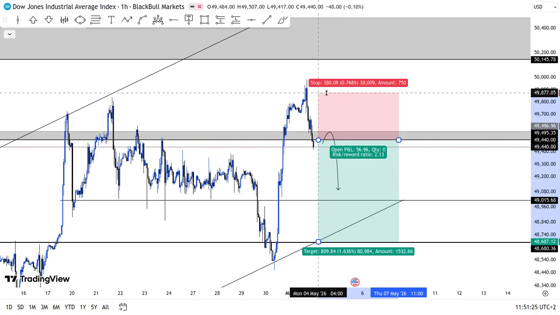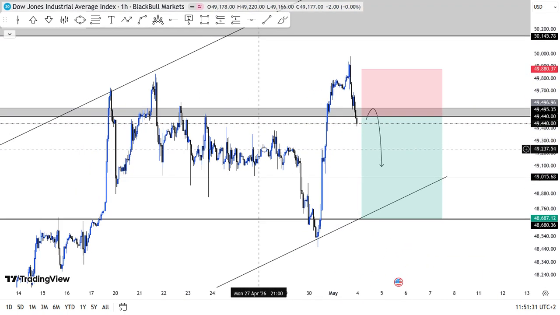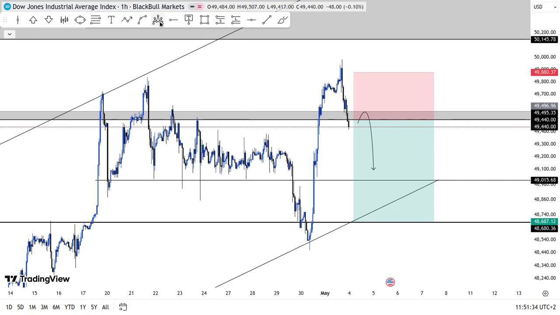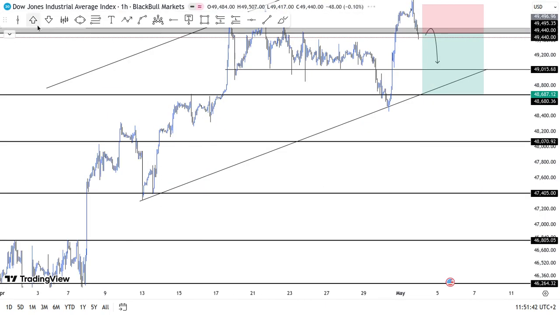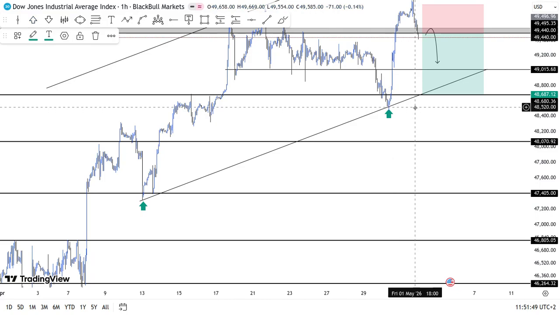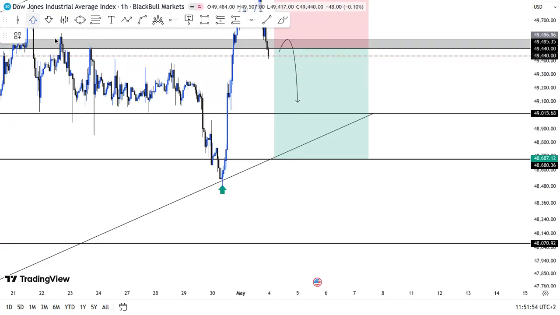So, a 2 to 1 risk to reward would do for me, because for me to also take my take profit here, look here, we've got first touch, second touch, and possibly a third touch can emerge right here.